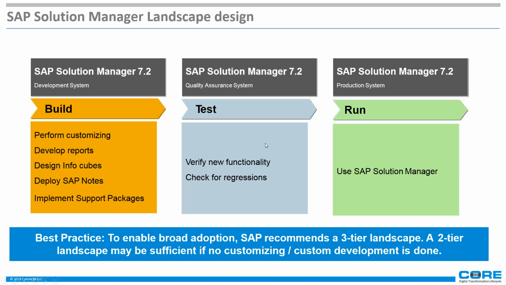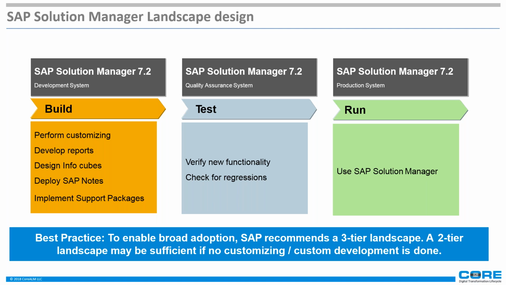A typical Solution Manager landscape, or not typical, but the typical recommendation from SAP is really to have, just like for any other application, a development, quality assurance, and a production system. However, with the majority of our customers that we have seen worldwide, customers do run two Solution Managers. So one for development, testing, sandbox environment, and then the real production Solution Manager system.